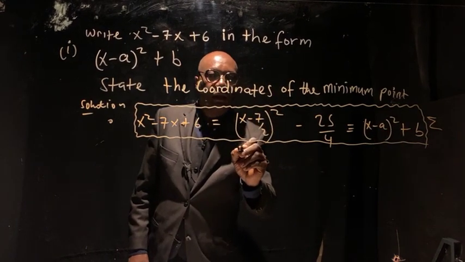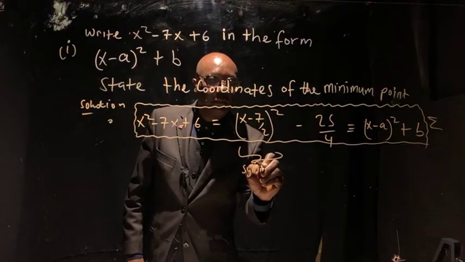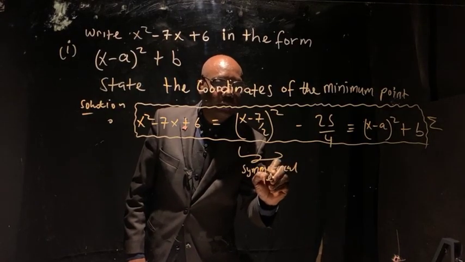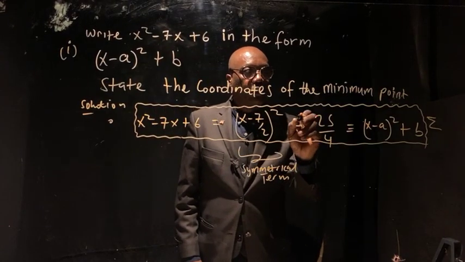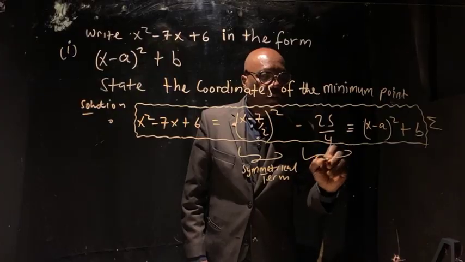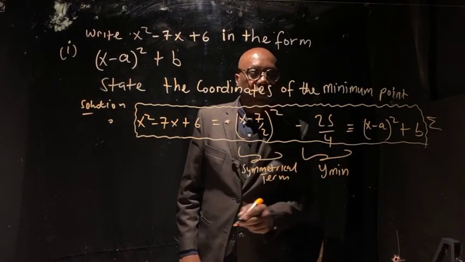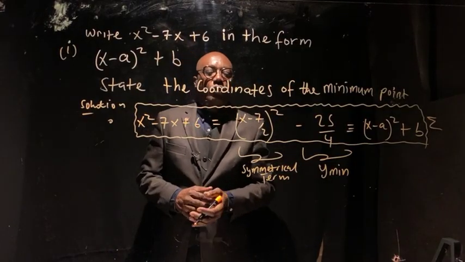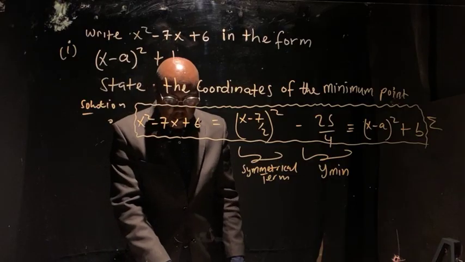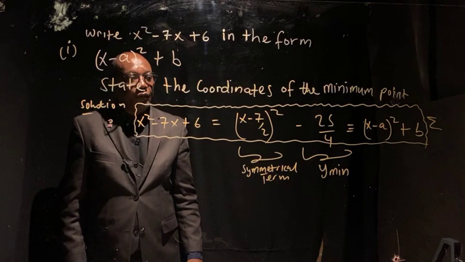This portion is the symmetrical term, and this portion is the y minimum term. Therefore, at some point you heard that the question says find the coordinates of the minimum point. Okay.